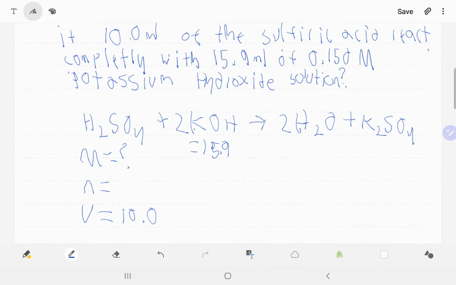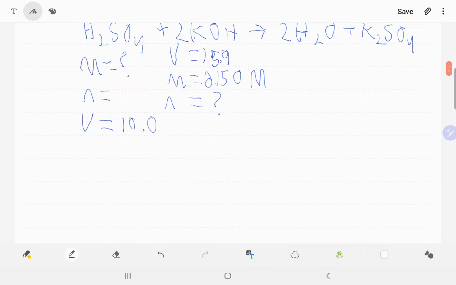And we are also given our big M, which is 0.150 big M. And our n is missing as well.